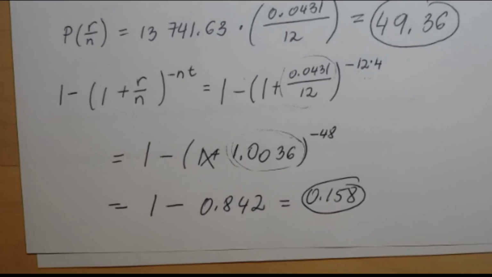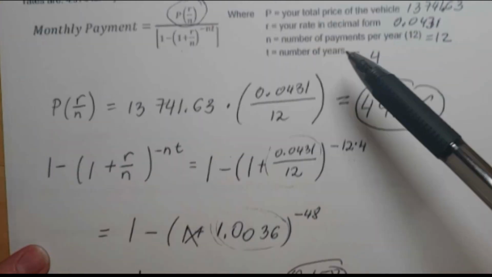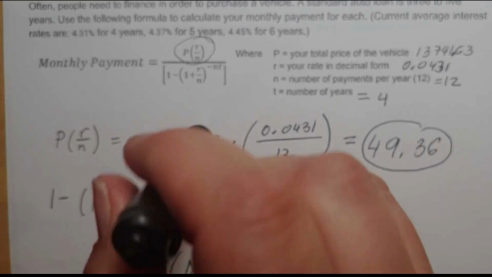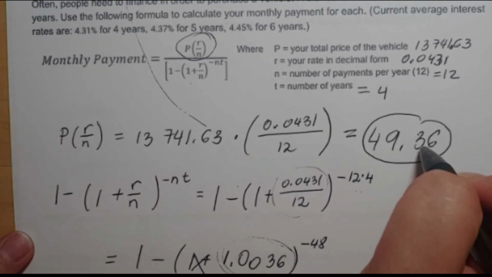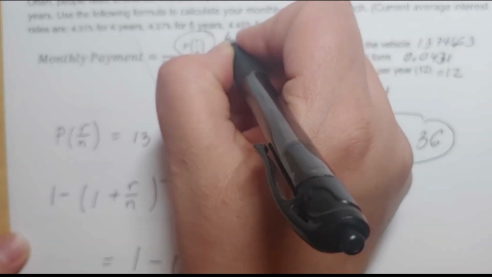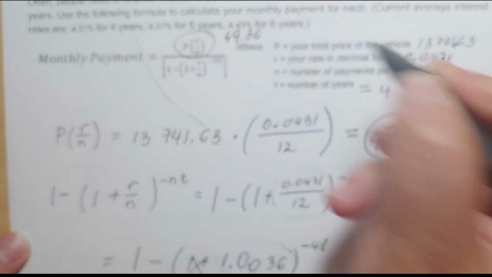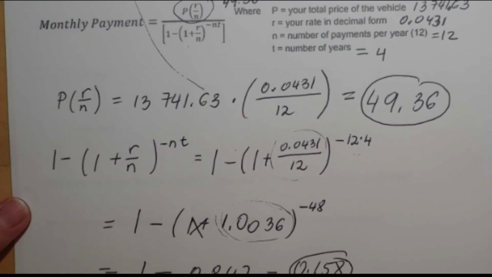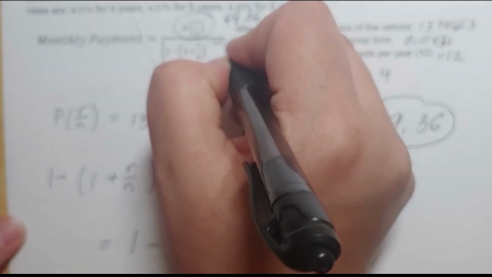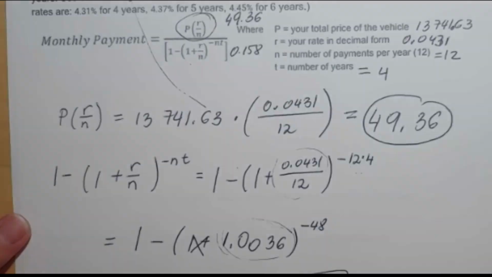Okay. This was only a denominator of my big equation. So right now I have the numerator, it's 49.36. The denominator is 0.158. And now I actually have to divide.